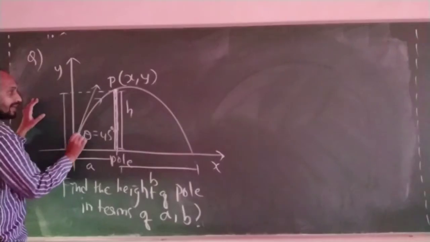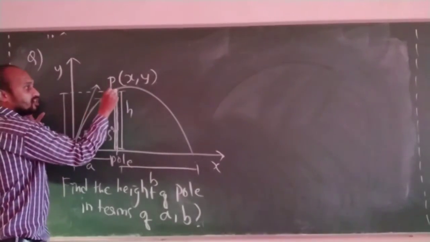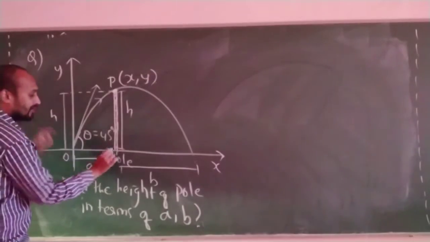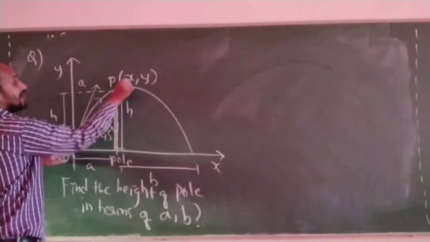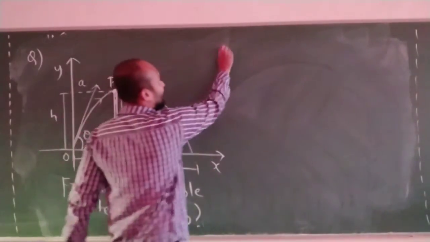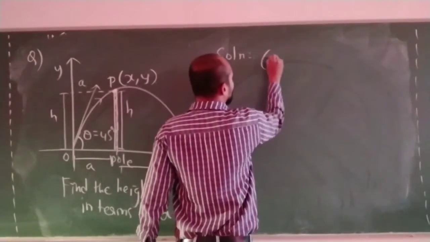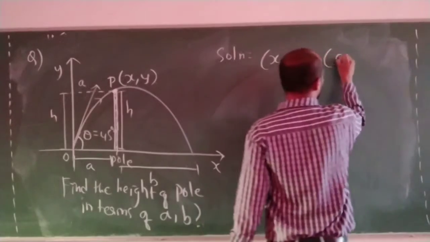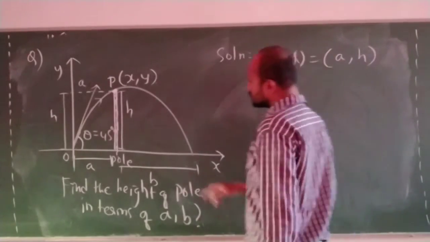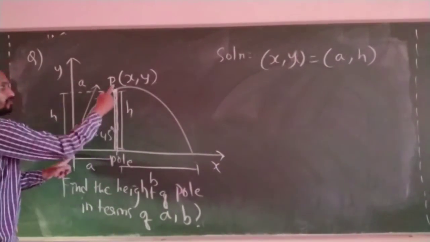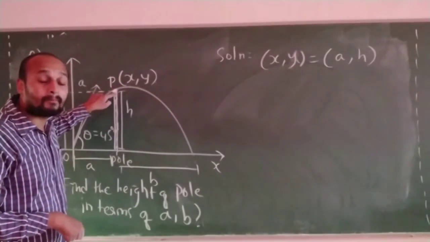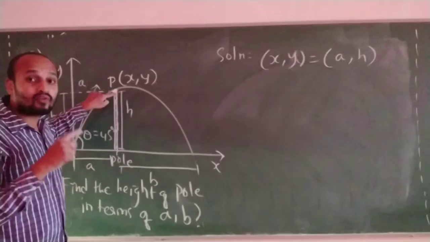If the particle is moving like this, the position of the particle at this point is y equal to h. What about x? X is equal to a. So the coordinates x comma y are nothing but a comma h. Correct? A comma h for the position of the particle at the top of the pole.